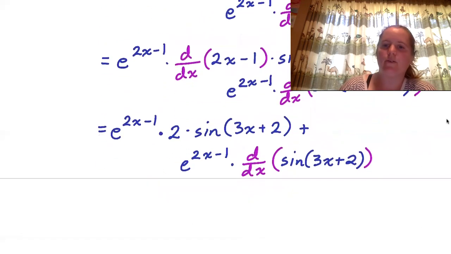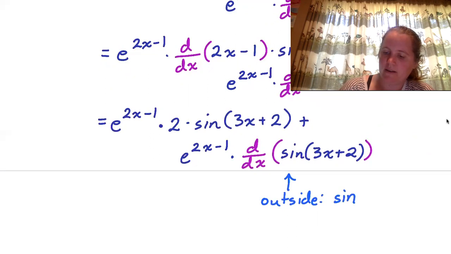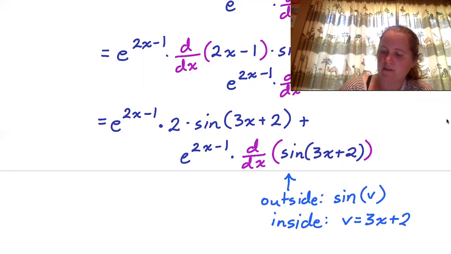Now let's go ahead and focus on the second derivative that we needed to take. Our outside function is going to be sine of v. Our inside function is v equals 3x plus 2.